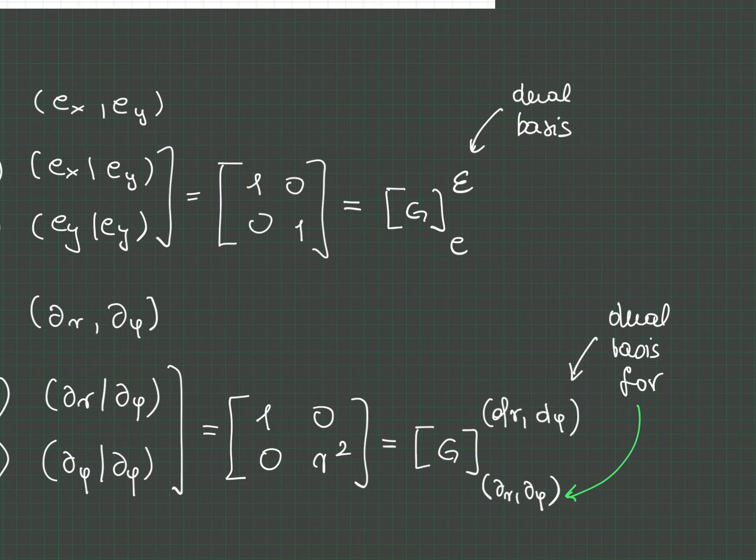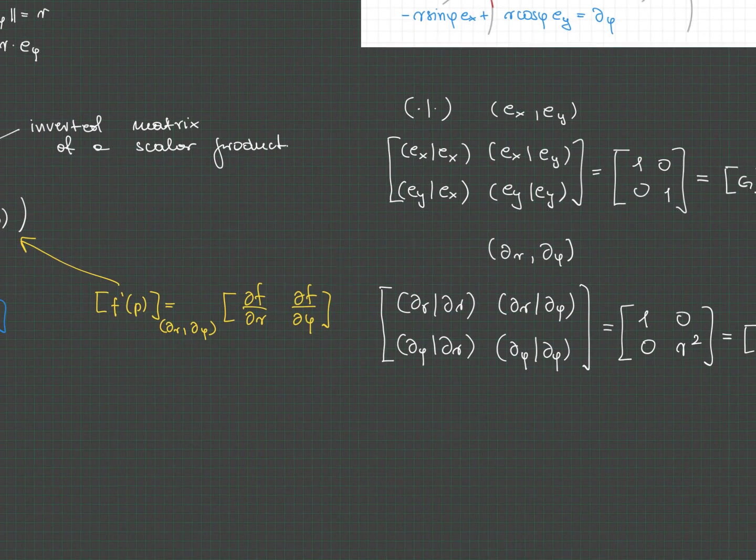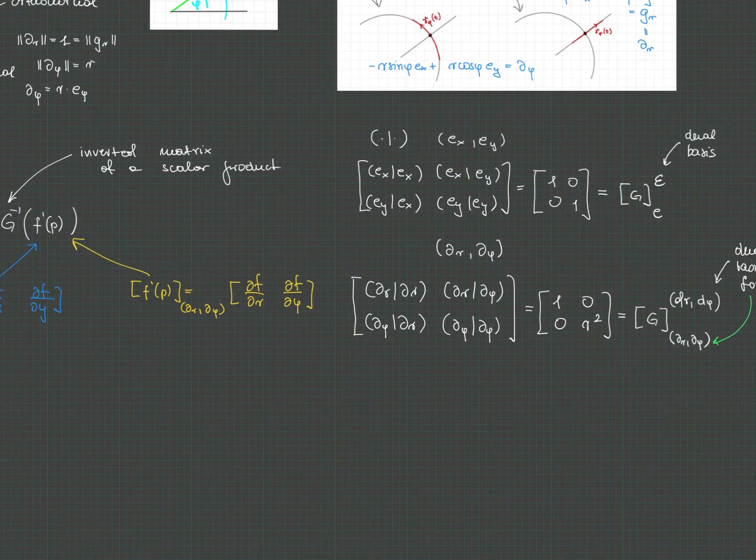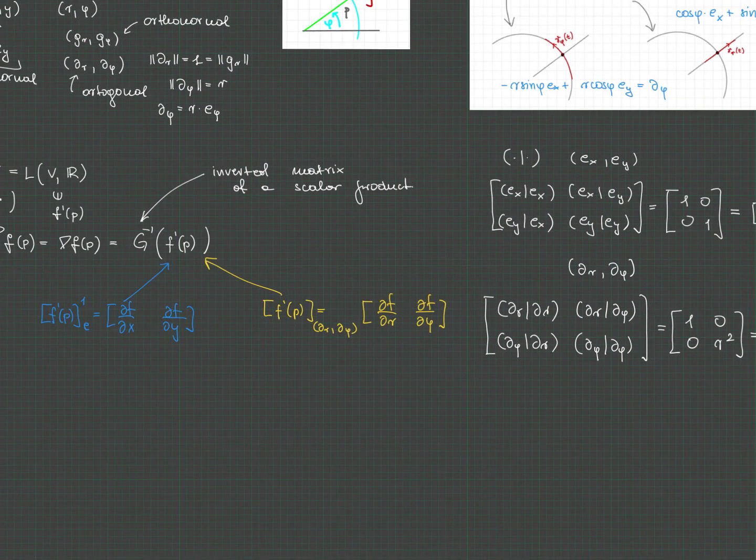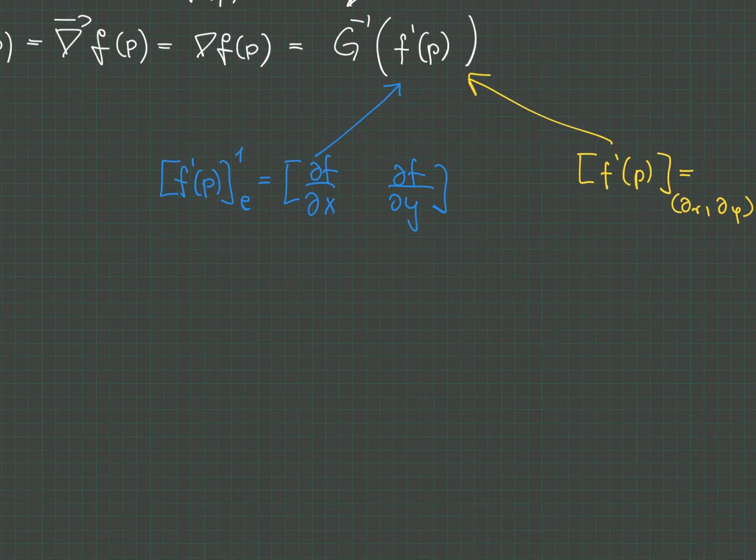Okay, so having those matrices, I can finally write the gradient. Let me look from above. What do I have to do? I have to apply the inverse matrix to a covector. So in blue, I work in Cartesian coordinates. G to the -1 corresponds to the identity matrix in Cartesian coordinates because G was the identity matrix.